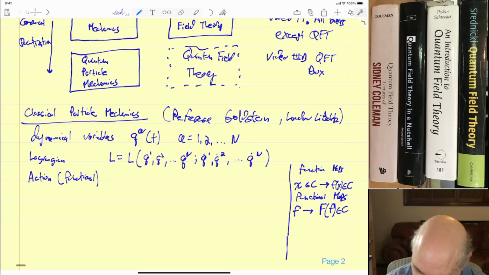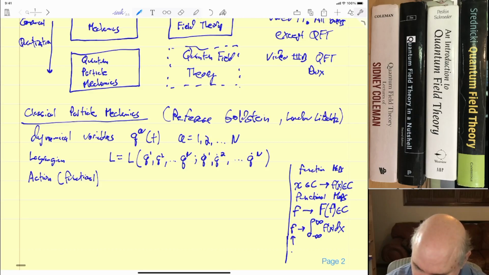And the best example of this would be like an integral. Let's say we have an integral from minus infinity to infinity of f of x dx. That's some number. So we're mapping all kinds of functions. We can have x squared, x cubed, square root of x. Anything that converges, we map and we get a number. So the function f literally goes to the number.